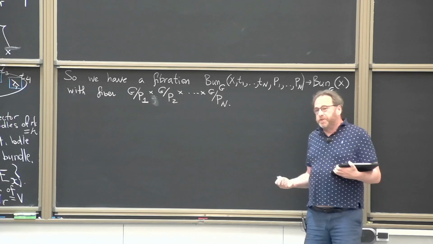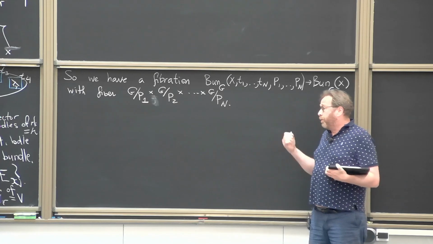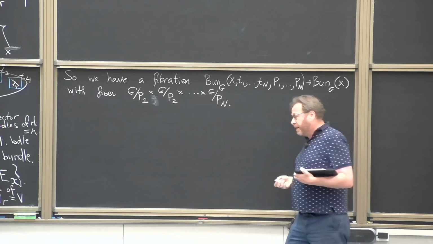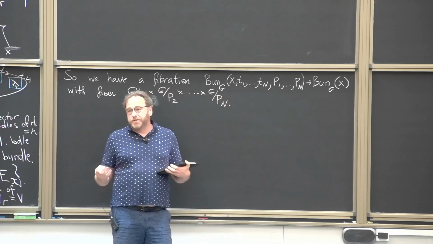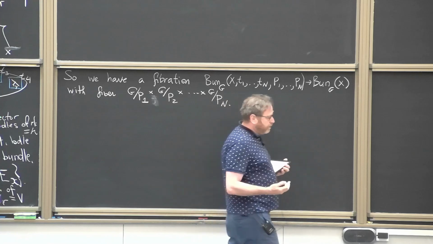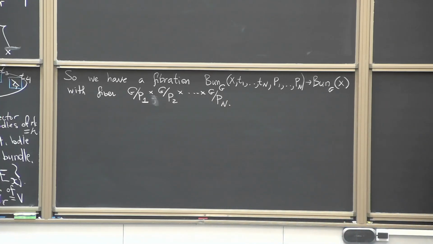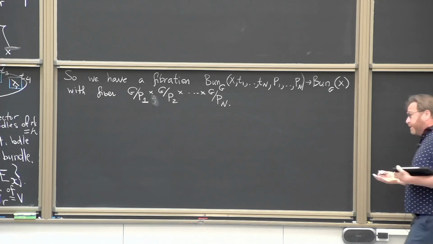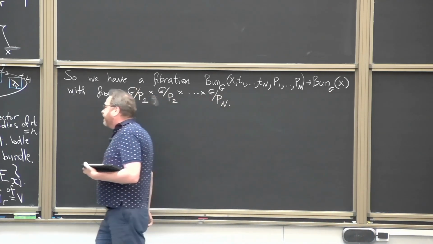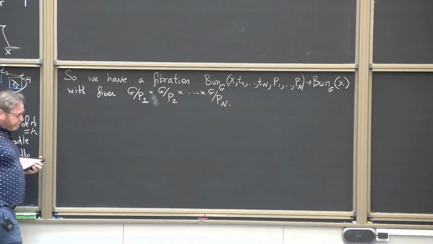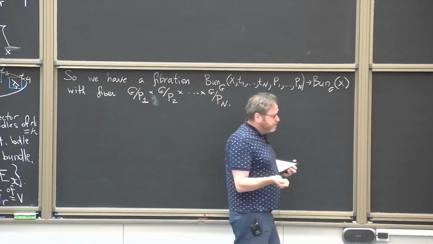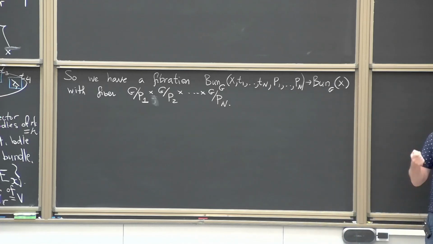In genus 0 and genus 1, if you don't have marked points on your Riemann surface, you do not have stable bundles. All bundles are going to have non-trivial automorphism groups, even if your group G is semi-simple and moreover adjoint. What we want is generic or stable bundles, which are, roughly speaking, bundles with trivial or finite automorphism group.